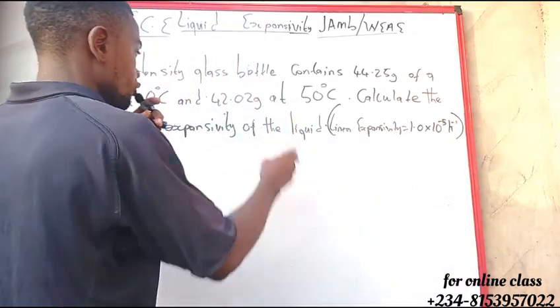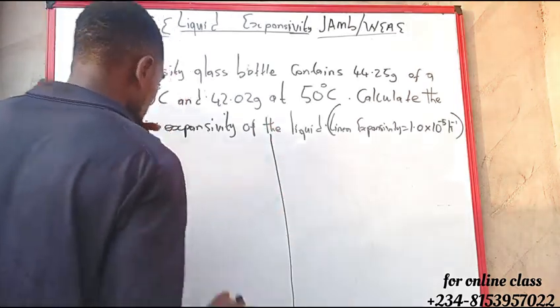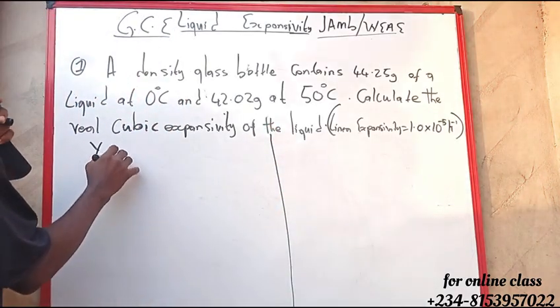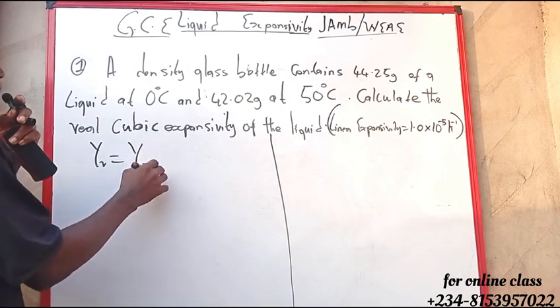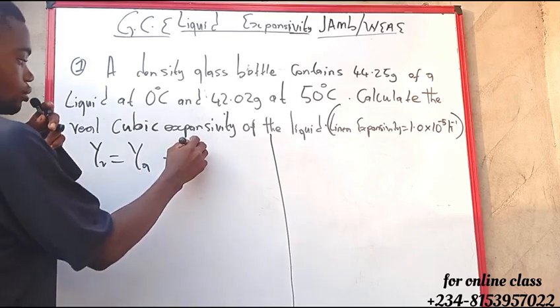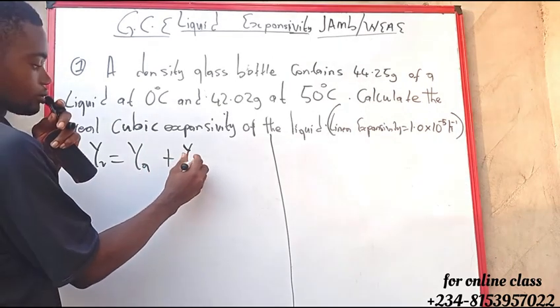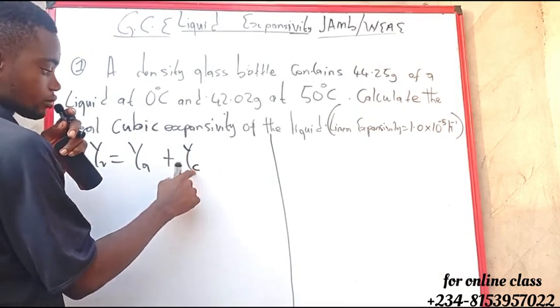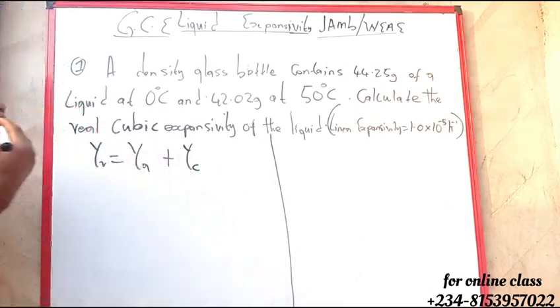Now this is simple. From what we have solved so far, we remember that the cubic expansivity is equal to the apparent cubic expansivity of the liquid plus the cubic expansivity of the vessel.